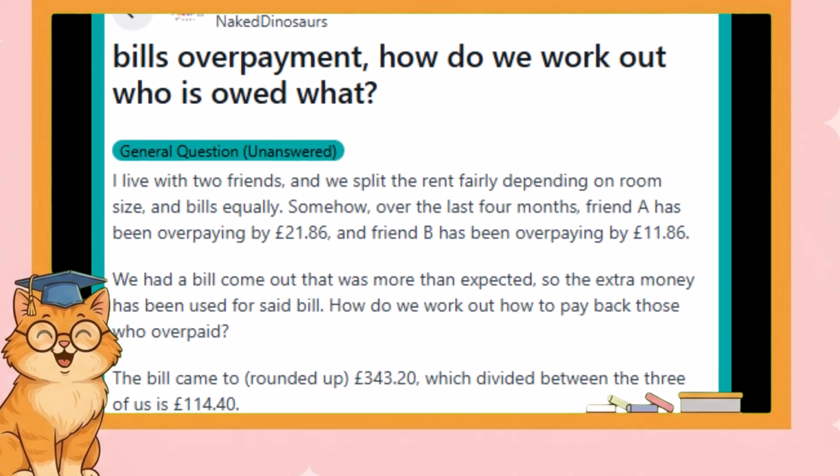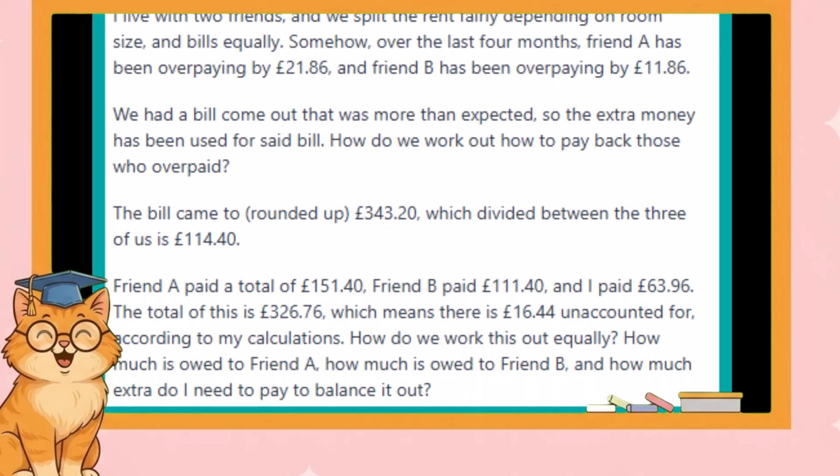We had a bill come that was unexpected, and so extra money was needed to pay to cover this bill. The bill was around £343.20, and divided equally among the three of them would have been £114.40. Friend A ended up paying £151.40. Friend B paid £111.40.